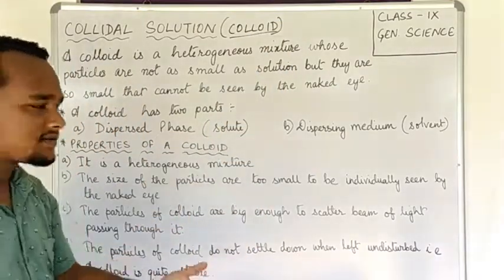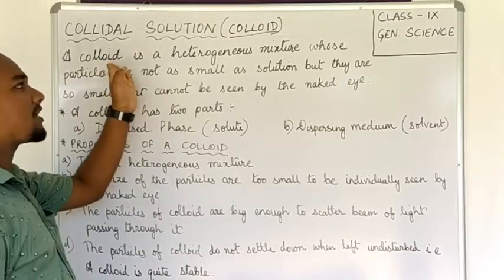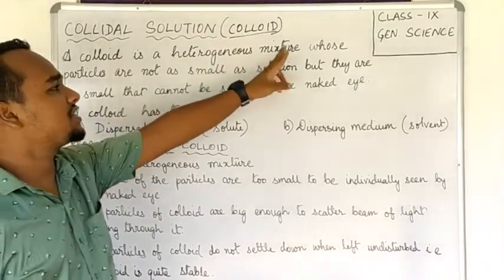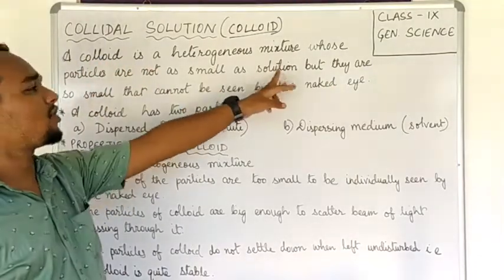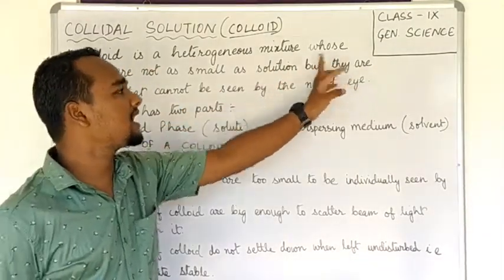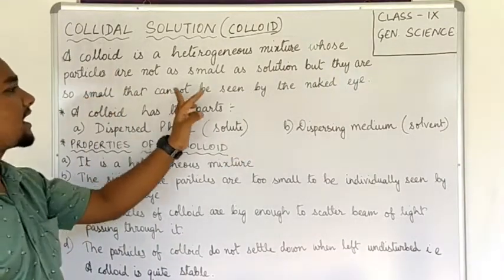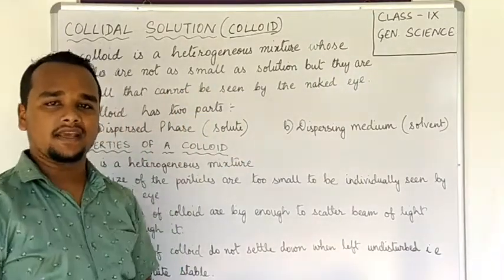So what is a colloidal solution? A colloid or a colloidal solution is a heterogeneous mixture whose particles are not as small as those of a solution, but they are so small that they cannot be seen by the naked eye.